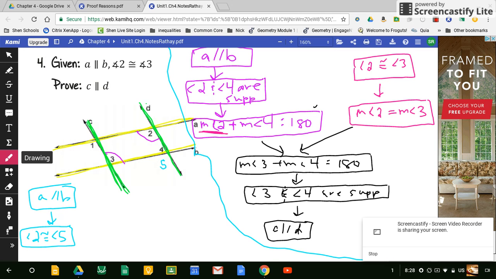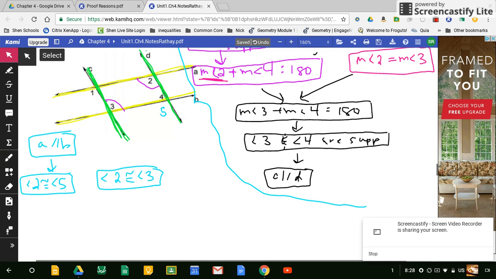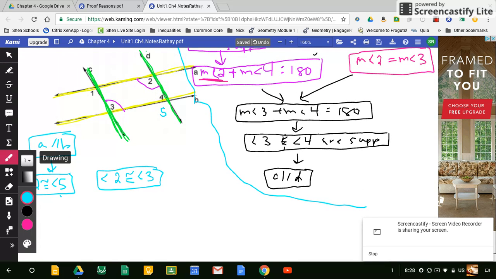We were given that angle 2 was congruent to angle 3. If we pair these facts, we get that angle 5 is congruent to angle 3.